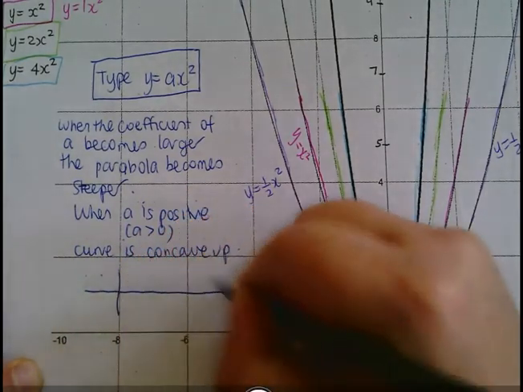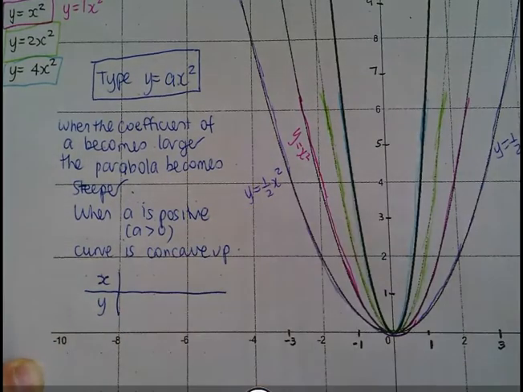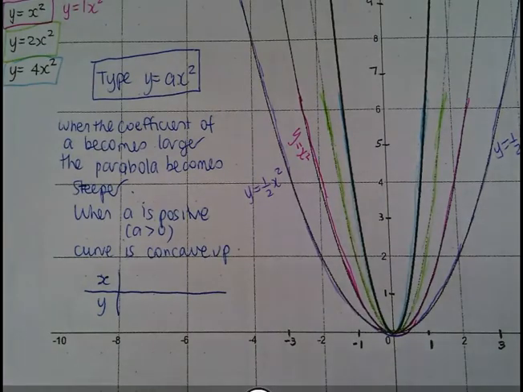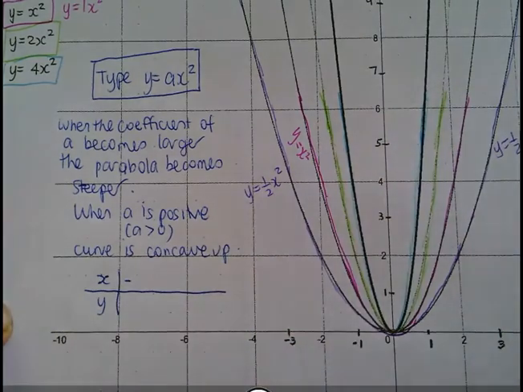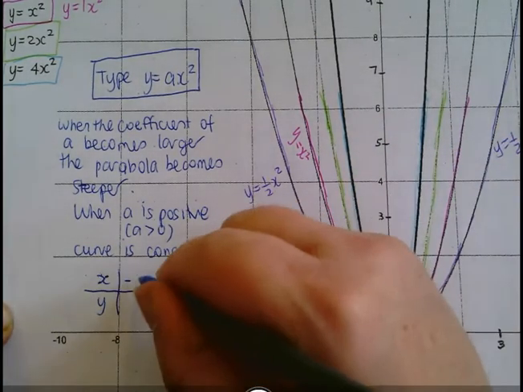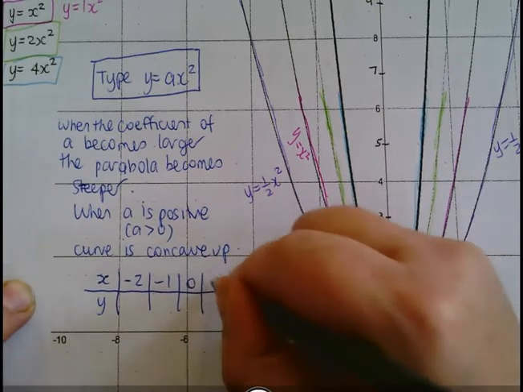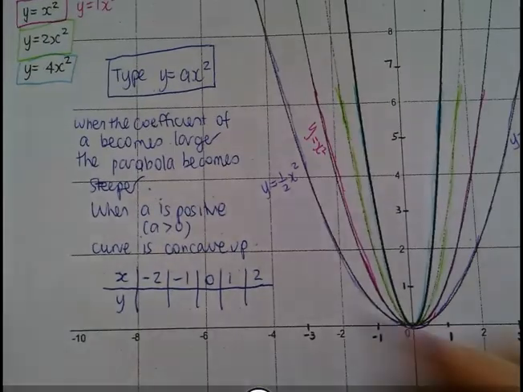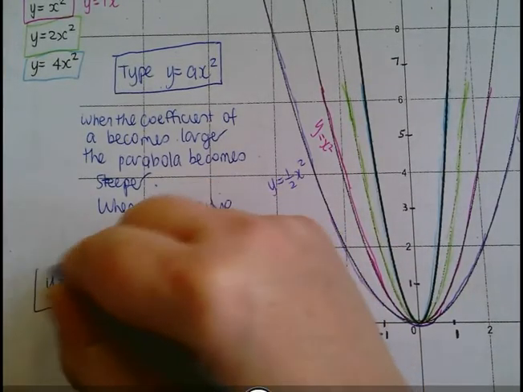Which one do you want to do? The half one. Okay, good. So because I'm halving, I'll go -2, -1, 0, 1, and 2. So just going to choose a few values. We're just going to look at y equals a half x squared.